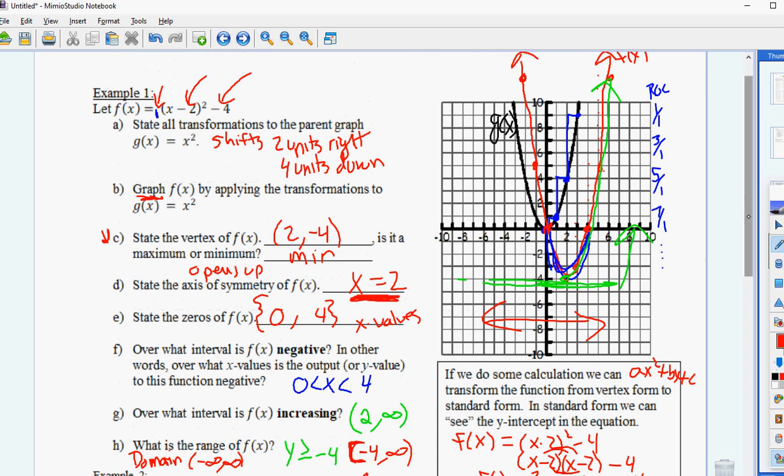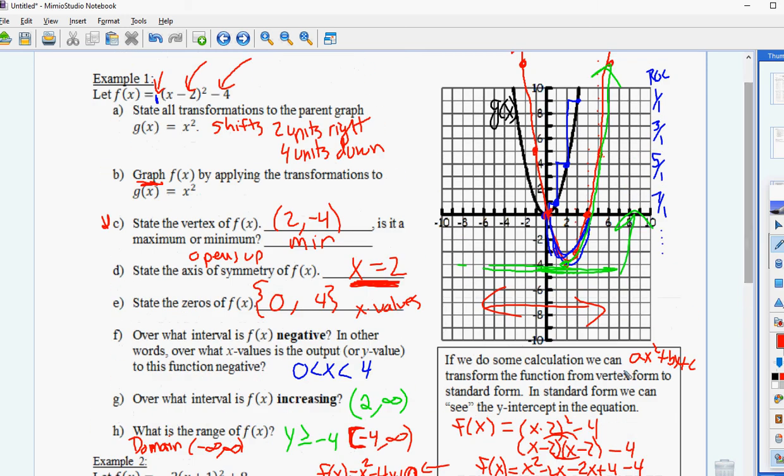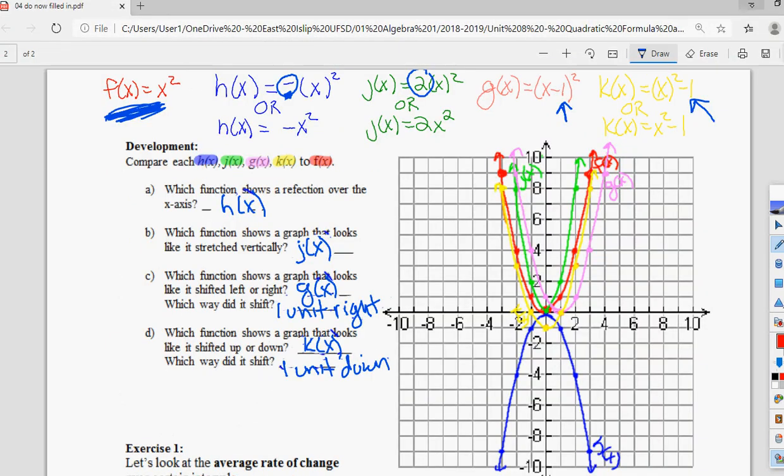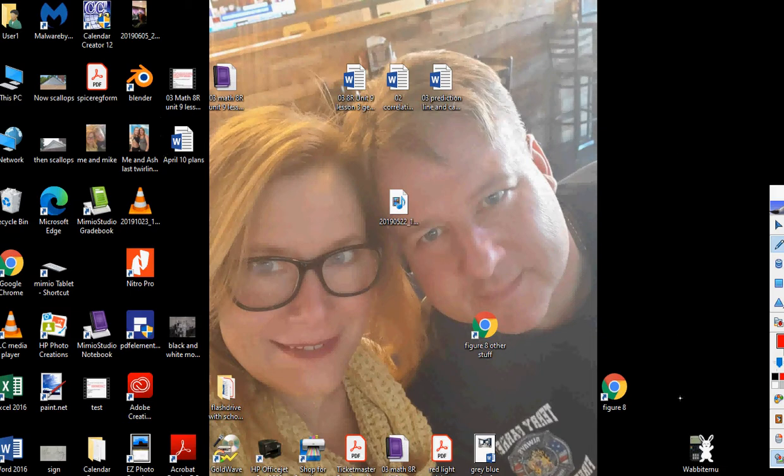You can always use that graphing calculator of yours, though, if you're having a hard time graphing it the way that I just did. Let's see, where's my graphing calculator?